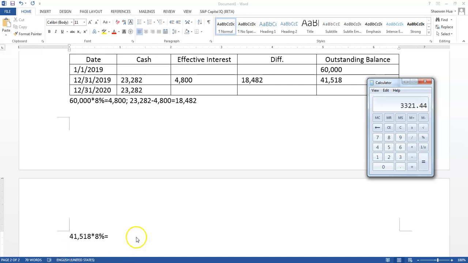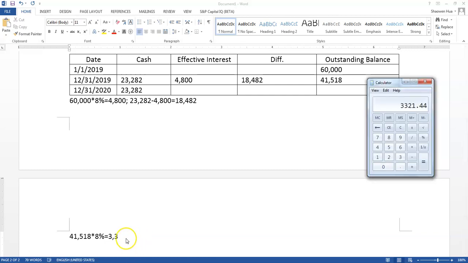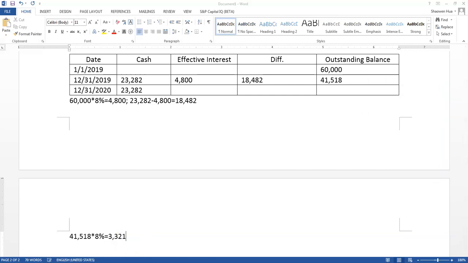So the interest for 2020 is $3,321, if we round to the dollar. As a result, out of this $23,282 of payment, $3,321 goes to interest.